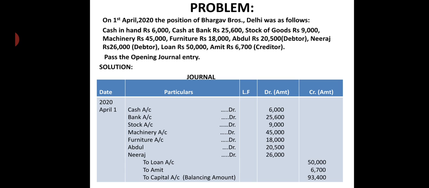Whatever balance amount you get, that will be your capital. So write down to capital account, in the bracket balancing figure, 93,400. I hope this problem is very clear to you. It is a very simple problem. Just that equation should be clear in your mind. Asset is equal to liability plus capital.